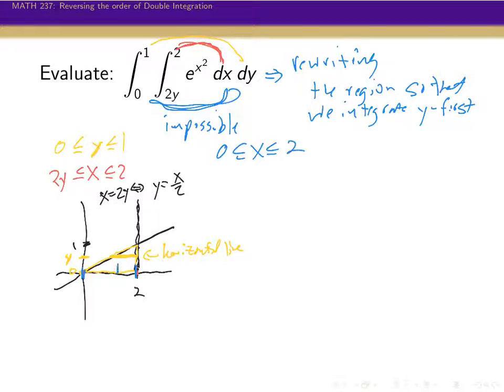And then to stay inside the region, going up from the x-axis until we hit this line, which is y equals x over 2. So for a single x value, the y values that we're integrating over start at the x-axis, which is y equals 0.